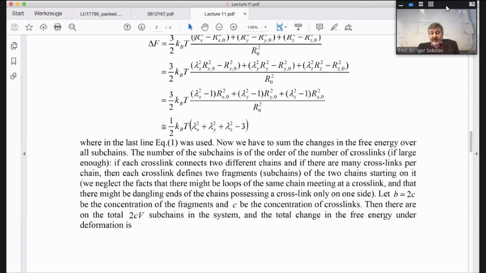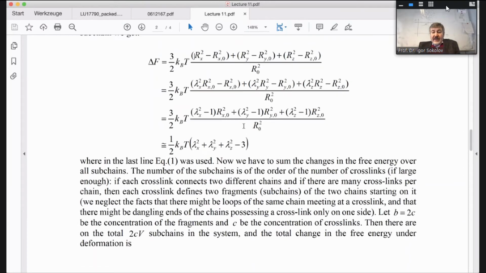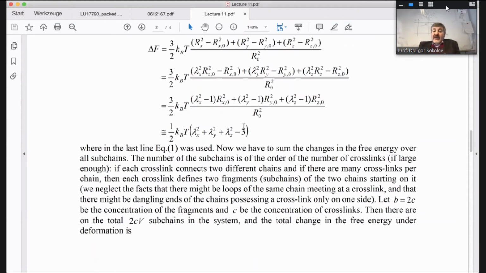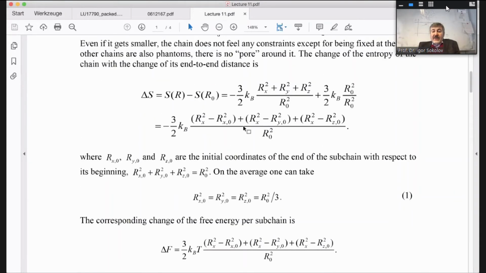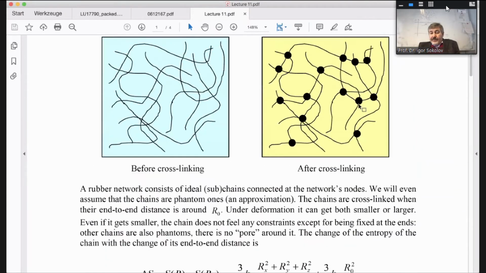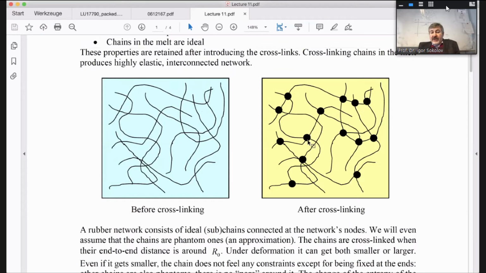Now, how many chains are there in total? If I look at the picture here, I have a subchain between each two crosslinks.